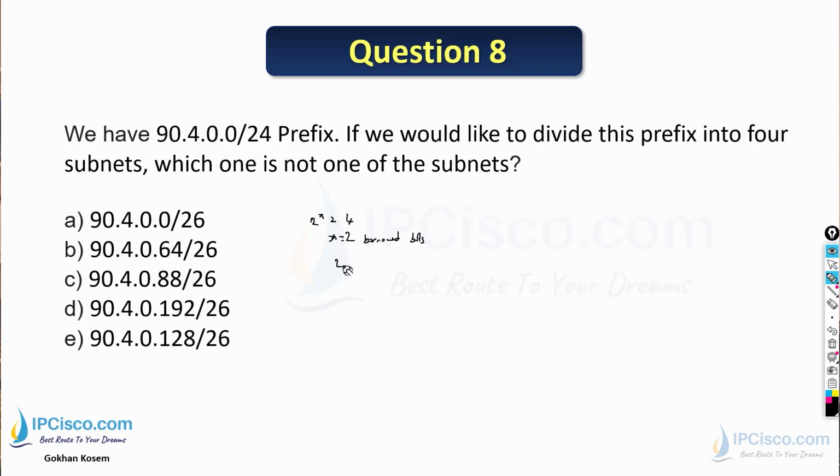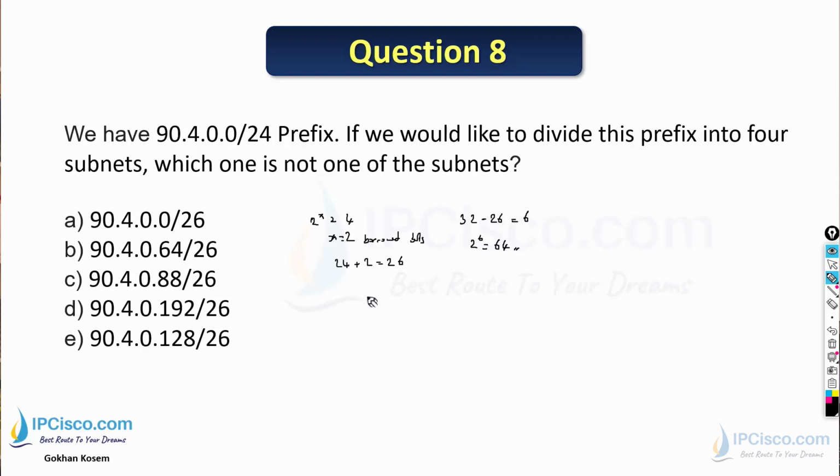So after 2 borrowed bits, we will have a new CIDR value and this will be 26. Let's also calculate the number of host bits. This is 32 minus 26, which is equal to 6. So we need 6 host bits. 2 to the 6 is equal to 64 and this will be our block size.